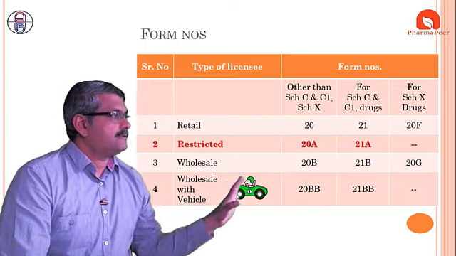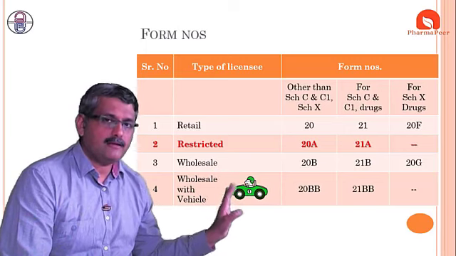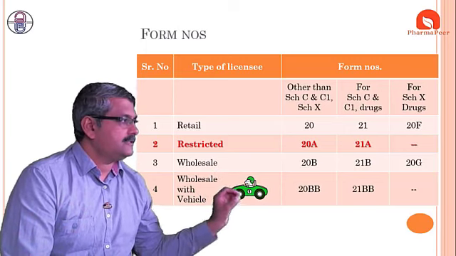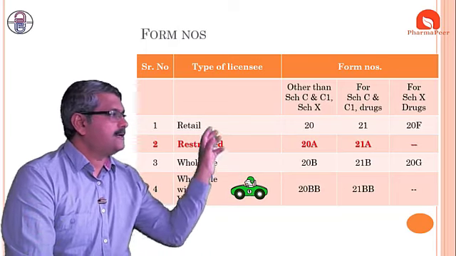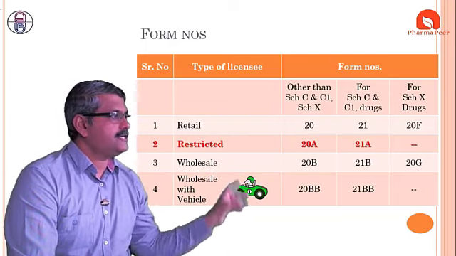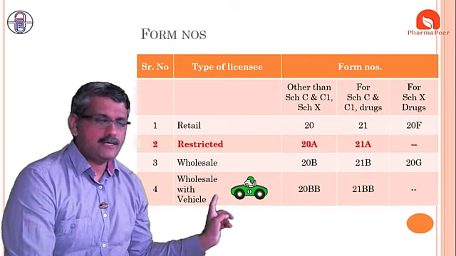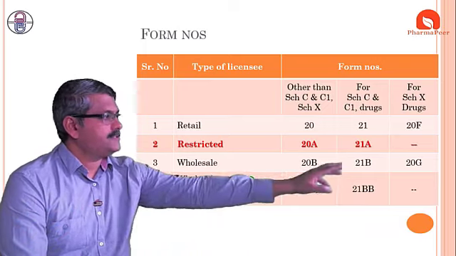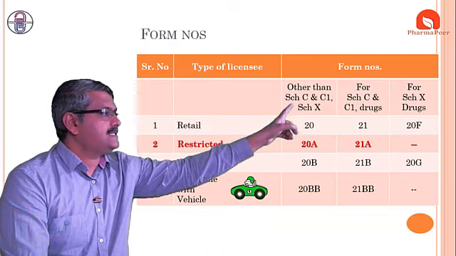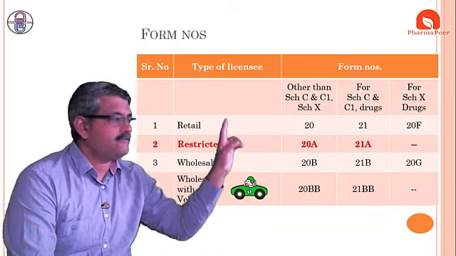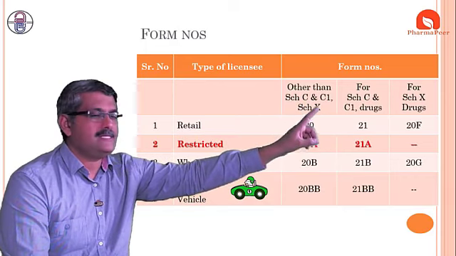So this is a tabular representation of the different forms and their conditions. How will you remember the licensing numbers? First, write down the licensing conditions: retail, restricted, wholesale and wholesale with vehicle. Once we have this, make 3 columns. In the first column, write other than C and C1 and X. In the next column, write only C and C1.